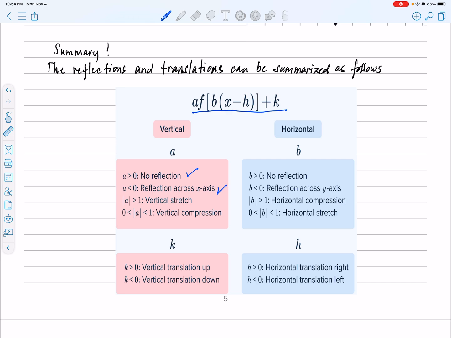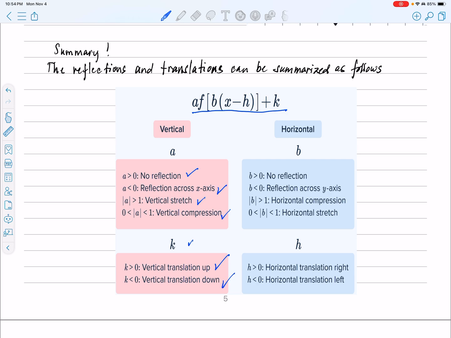Absolute value of A greater than 1, vertical stretch. A greater than 0 but less than 1, vertical compression. K greater than 0, vertical translation up. K less than 0, vertical translation down.